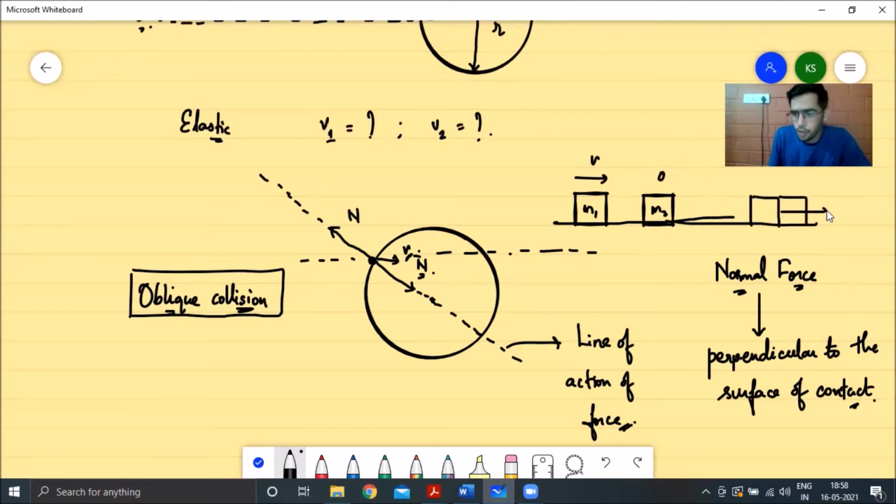The first block exerts a force on the second block in this direction. From Newton's third law, the second block exerts a force on the first block in this direction. So this is your line of action of force in this case. And you see that your velocity is lying in the same line as the line of action of force, that is, it's parallel to the line of action of force. So what kind of collision would this be? This would be a head-on collision, right?